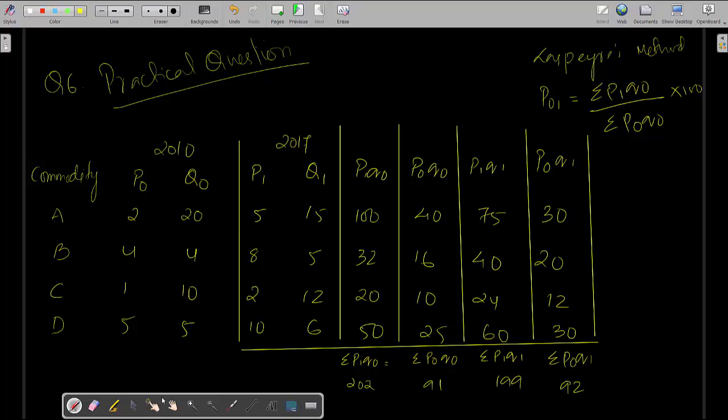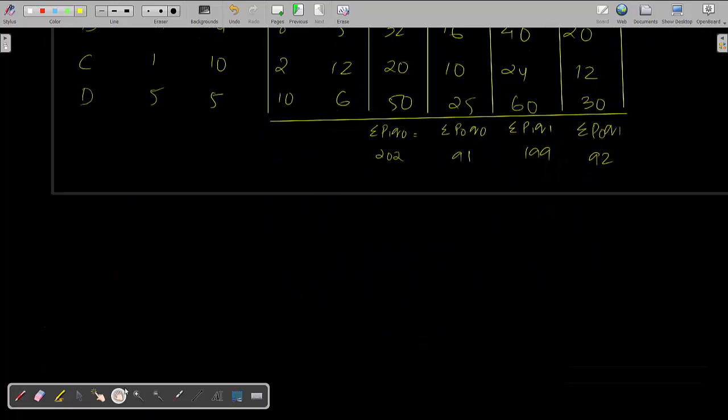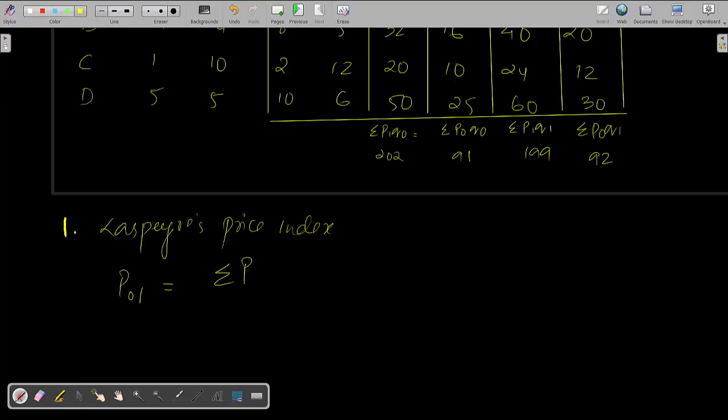Now what we need to do is just put these values in the formula and get the answer. Alright, now that we have all the values, let's write down the formula and calculate one by one. First, let's calculate Laspeyres price index. That is P01 equals sigma P1 Q0 divided by sigma P0 Q0 into 100.